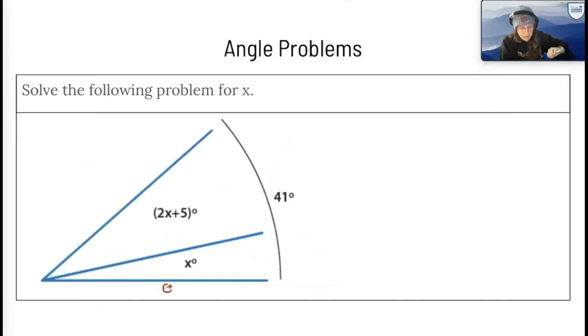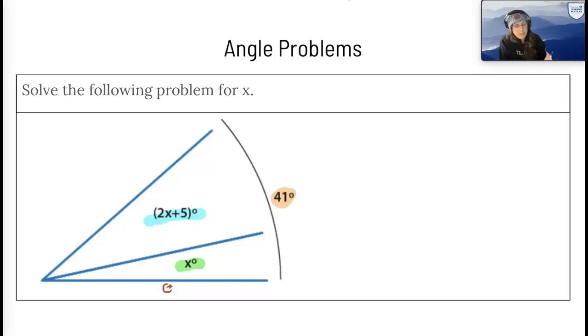Next, moving on. The last one, and then I've got to go do math problems with students. Solve the following problem for x. This one is kind of crazy, y'all. So we've got 2x plus 5, and then we have x, and they equal a total of 41 degrees.